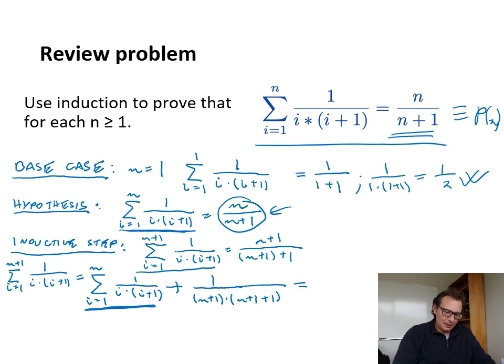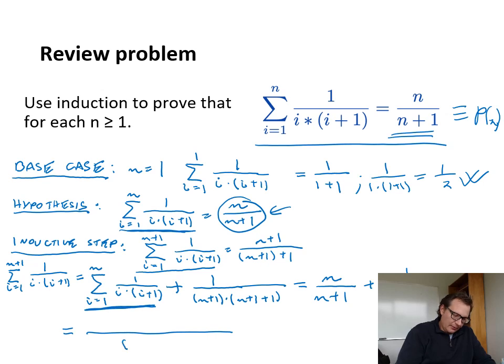How we get n over n plus 1 plus 1 over n plus 1 multiplied by n plus 2. And now that is equal to, let's add these up.